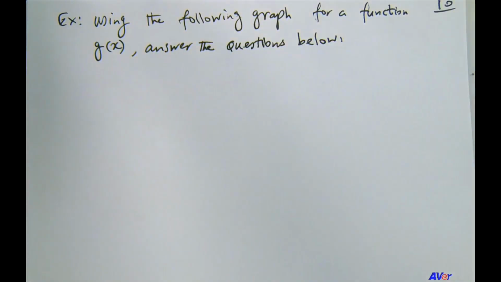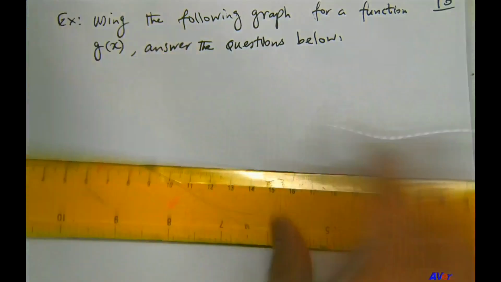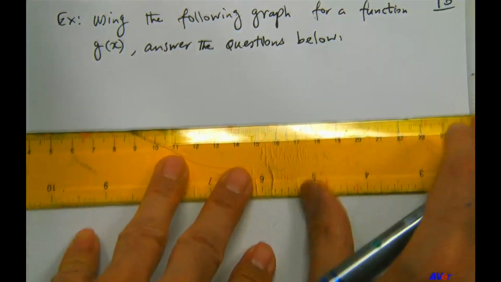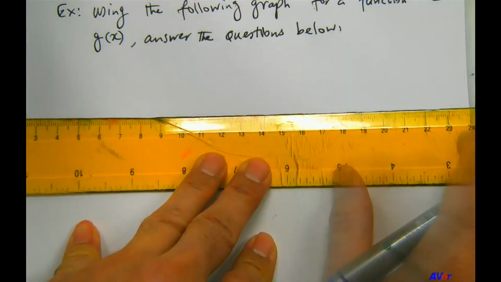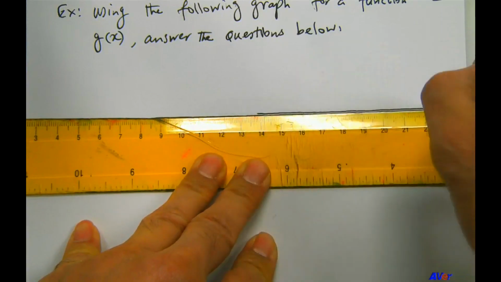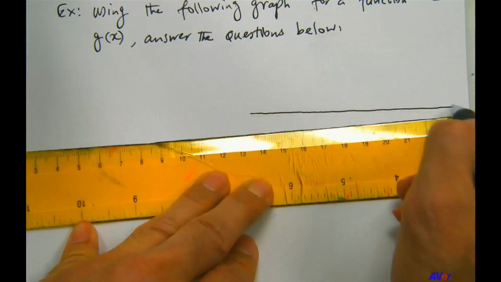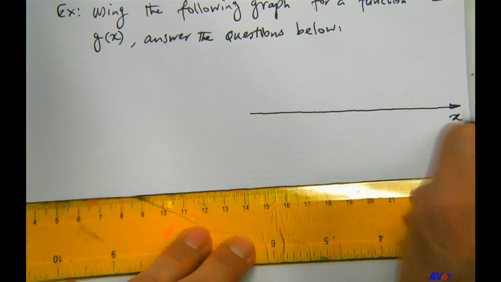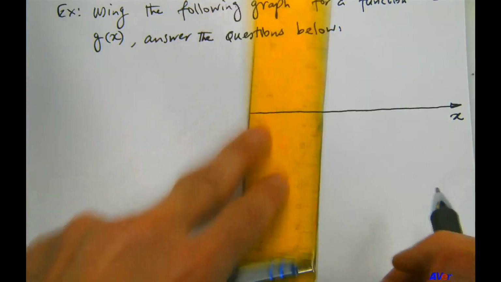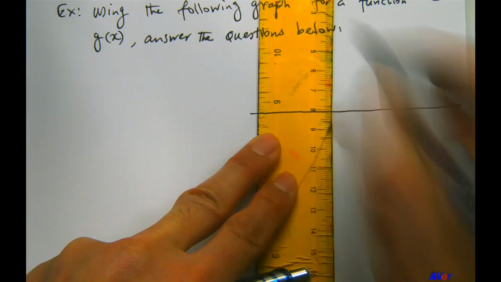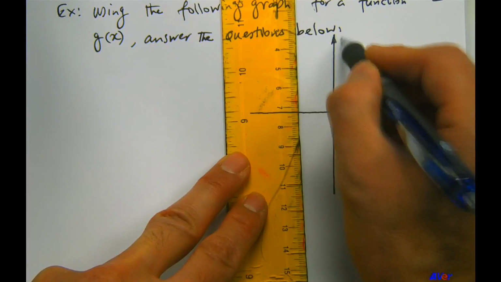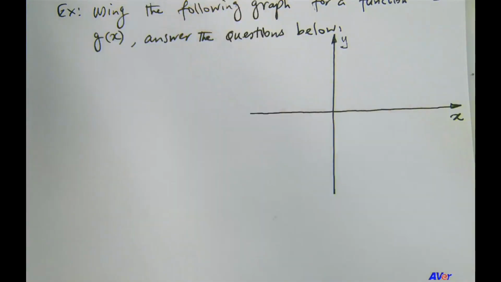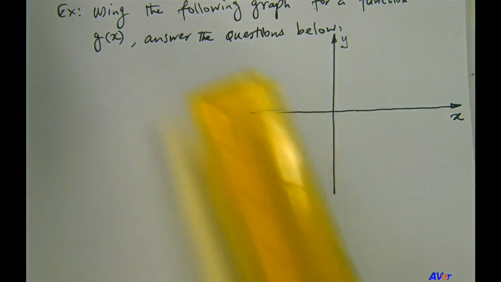Okay, and here's the graph. Let's quickly draw that. So we have this x, and then we have y, and we have several asymptotes.